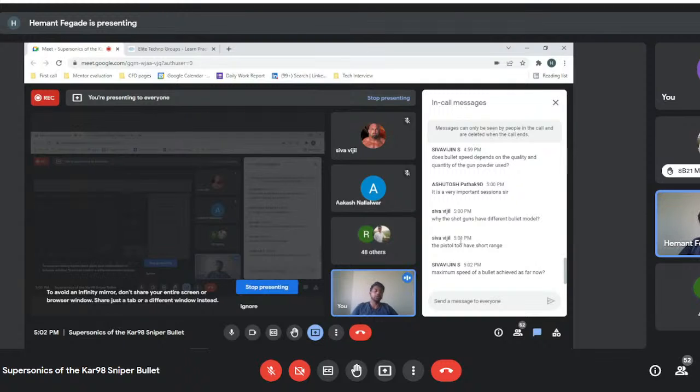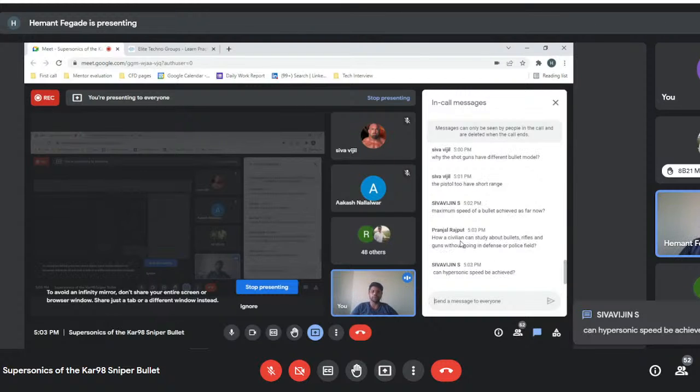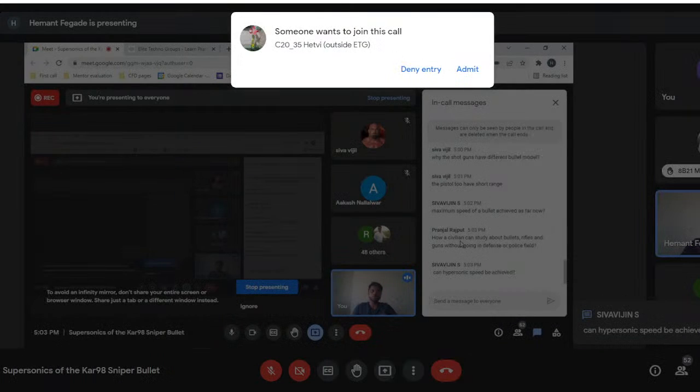I actually need to do the conversion, so I'll just do a quick conversion for you. It's around 441 meters per second. That also goes into the supersonic range, as I think the speed of sound is around 340 meters per second.